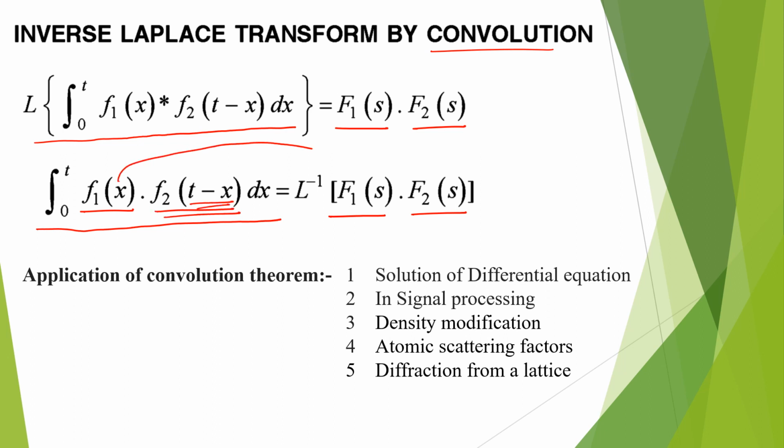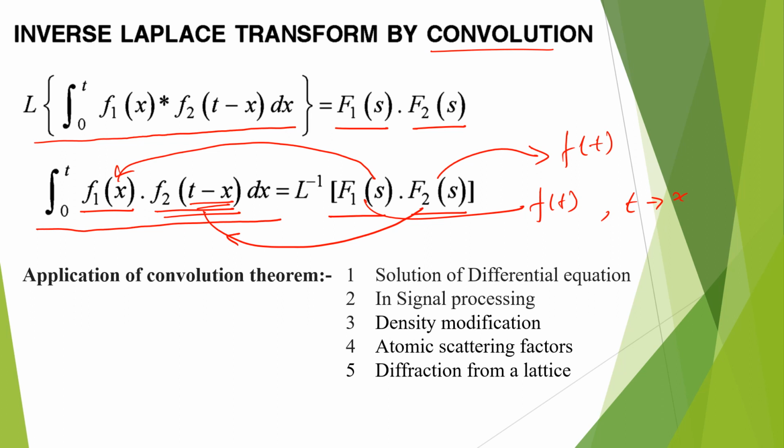Here f1 is the Laplace inverse of F1(s), and f2 is the Laplace inverse of F2(s). We replace t by x in f1, and t by t minus x in f2, and then we integrate from 0 to t. This is the convolution theorem.